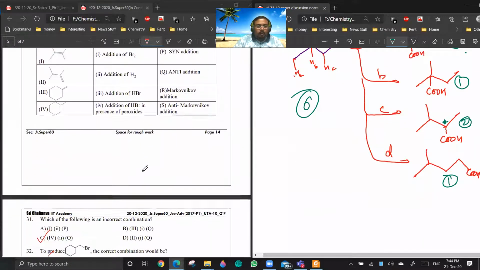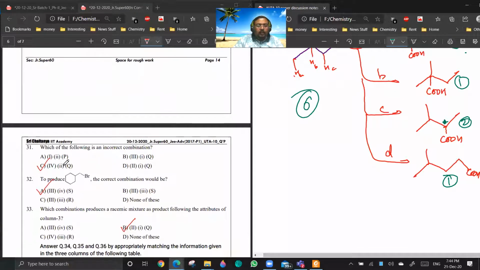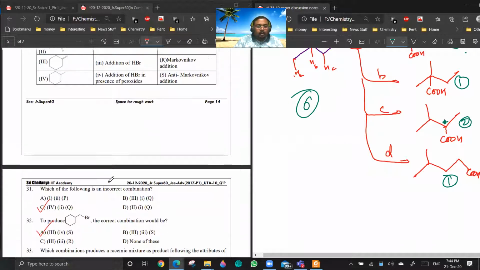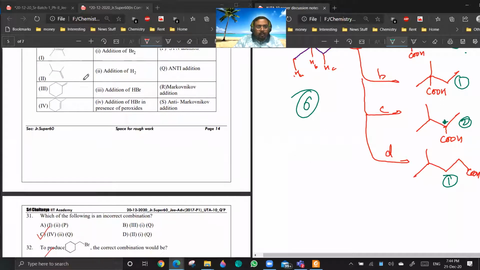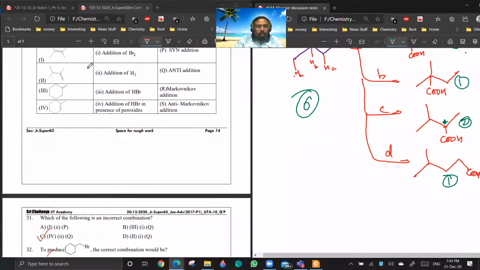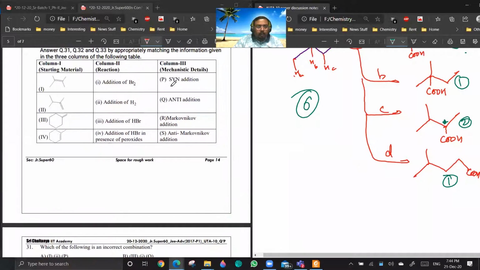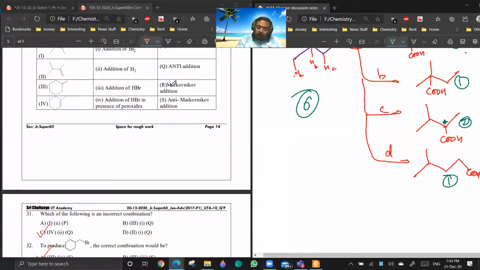Then you have to evaluate which option is the incorrect combination. 1, 2p: 1 is this, 2 is addition of hydrogen, p is syn addition. So 1, 2p is correct. Yes or no?